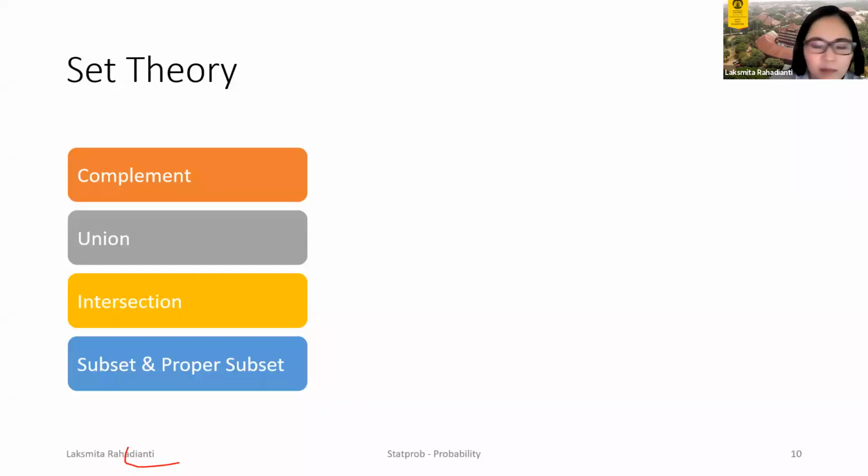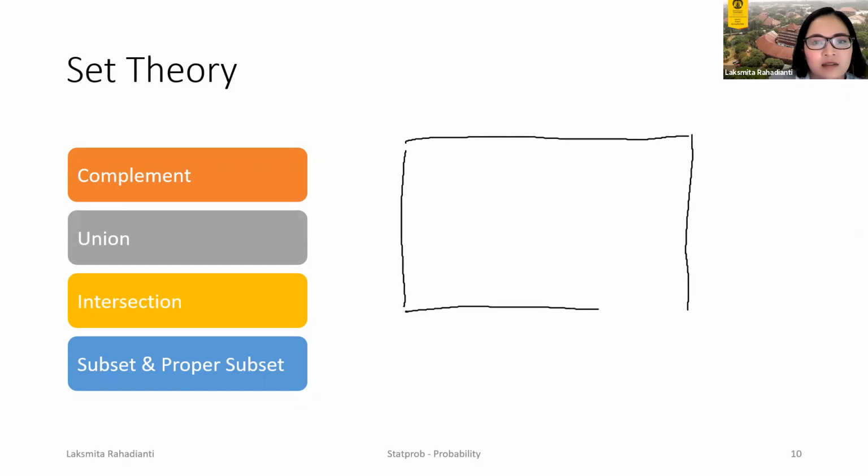So when we're talking about set theory, obviously you probably remember the Venn diagram. You don't really need much. So when we're talking about the Venn diagram, we have something like this. That is my Venn diagram. If you're talking about set theory, I believe this entire box is called the universe.